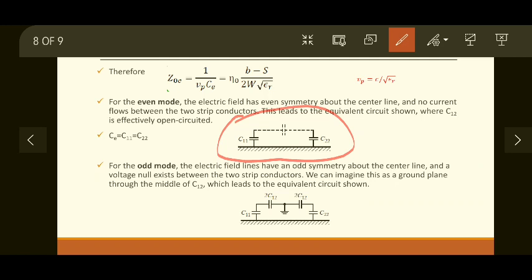Both are equal, that's why C is equal to C11 and C22. They are not connected. For the odd mode, there is a connection between the two and it is grounded. So equivalent capacitance can be C11 plus 2C12 or C22 plus 2C12.